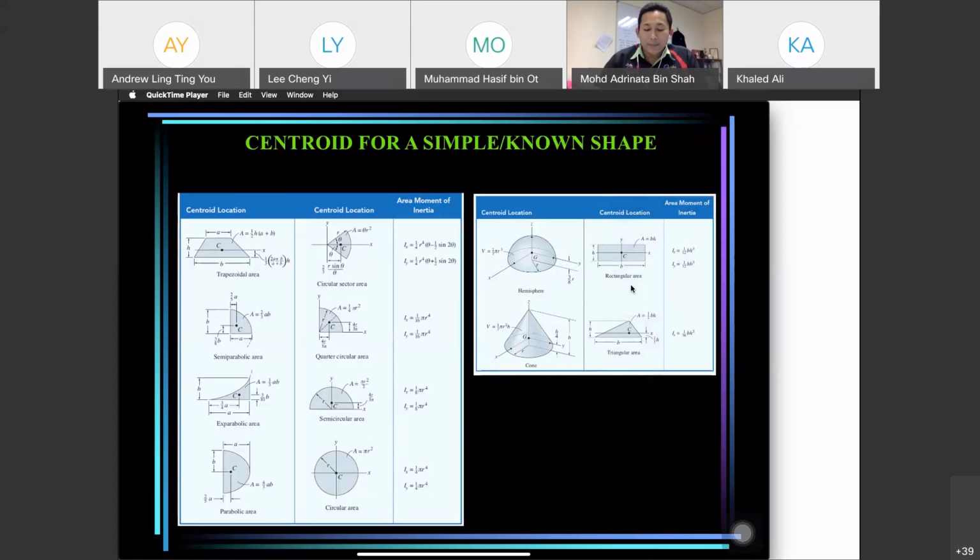This is the centroid location table. It is going to be used when you have a question to find the center of gravity.